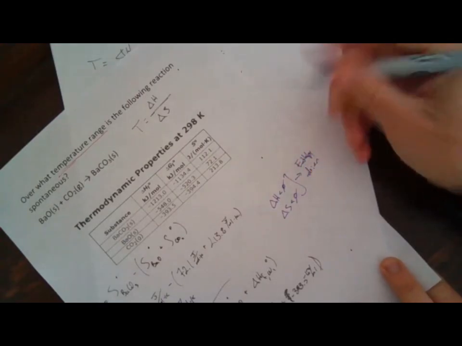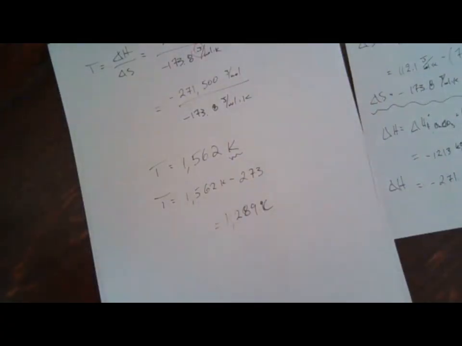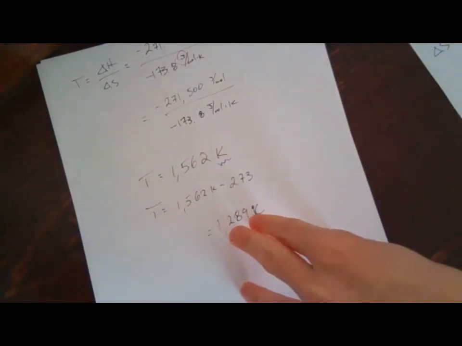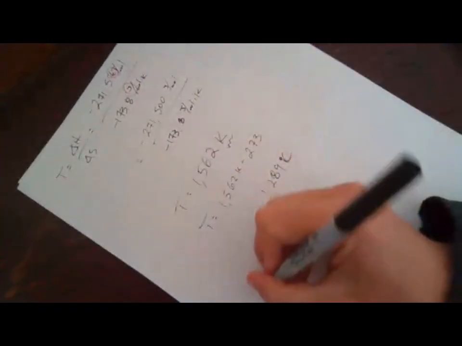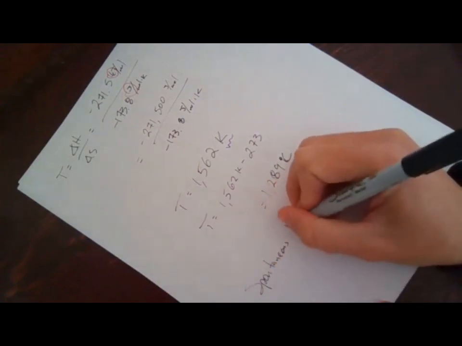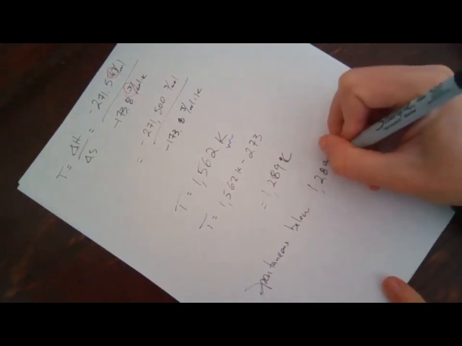And if you want to remember, enthalpy driven means this is the highest temperature. The other way you can know is that these are both negatives, so they imply below. So this reaction is spontaneous below 1,289 degrees Celsius.